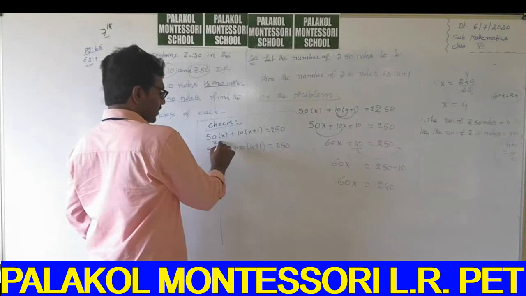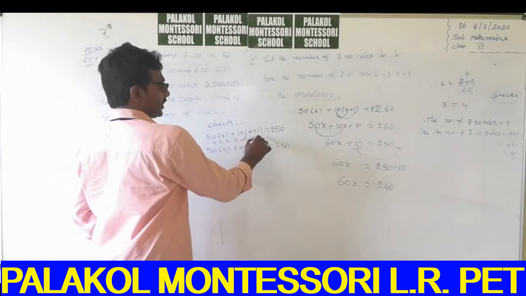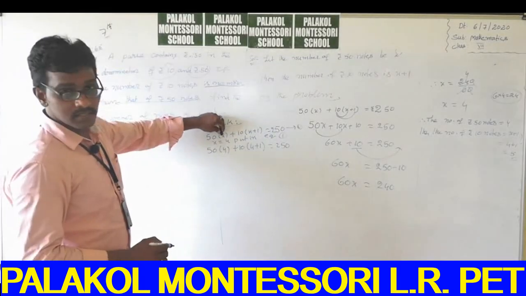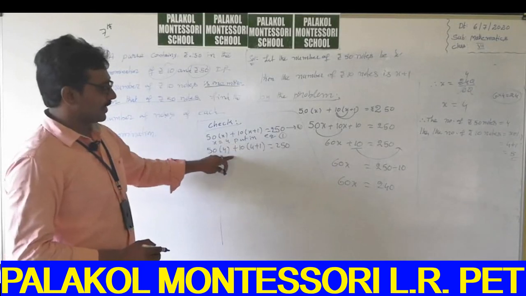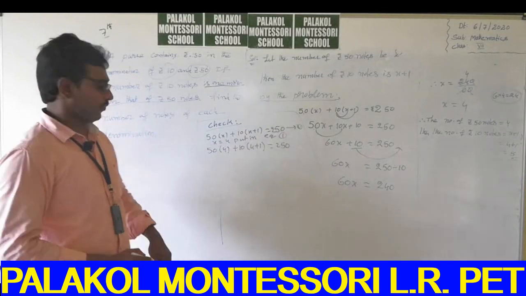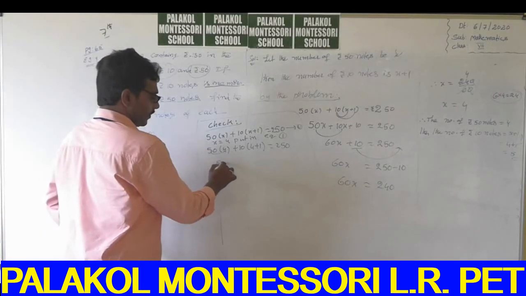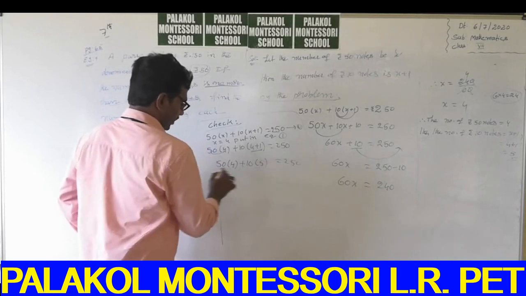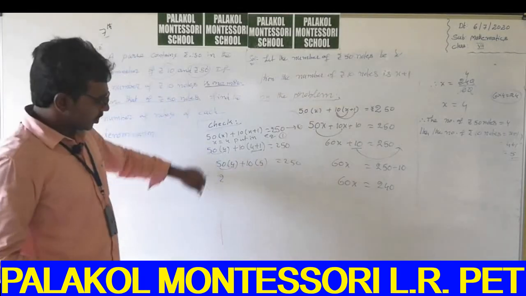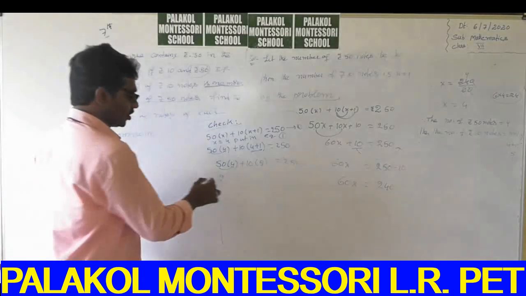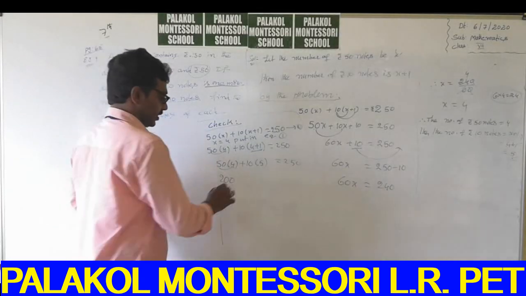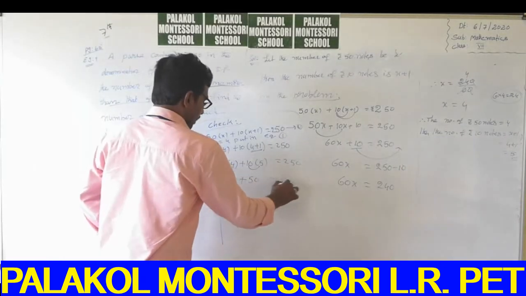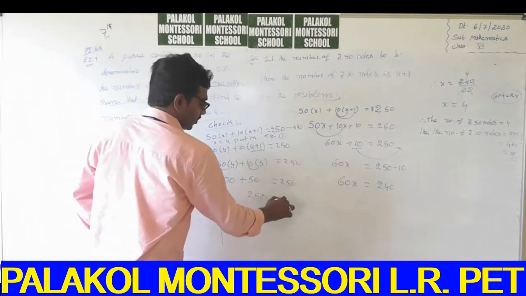On simplification, 50 of 4 is 200, and 10 of 5 is 50. 200 plus 50, 250 is equal to 250.